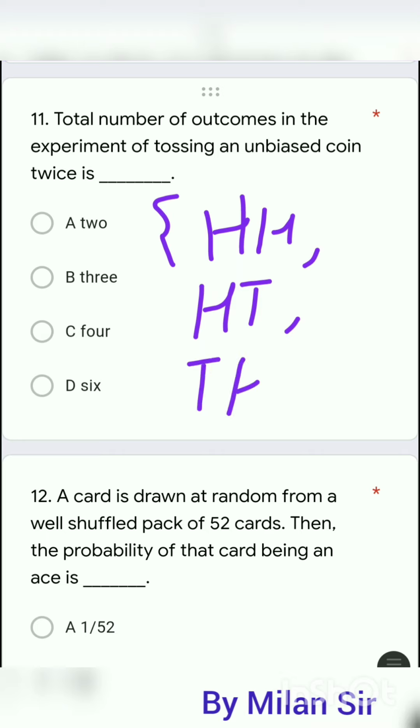It can be TH even, first coin T, second coin H, and the last possibility is TT, on both coins tail will come. So HH, HT, TH and TT, these are the 4 possibilities we have. So total number of outcomes is equal to 4. So here our answer is 4, option C.